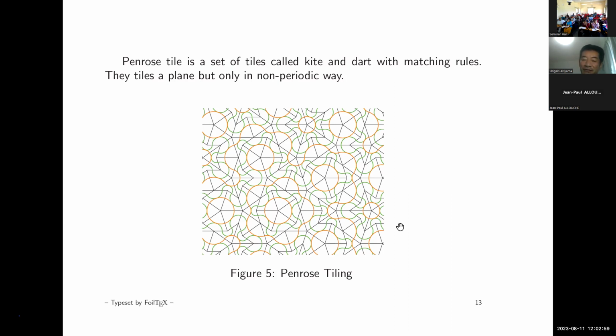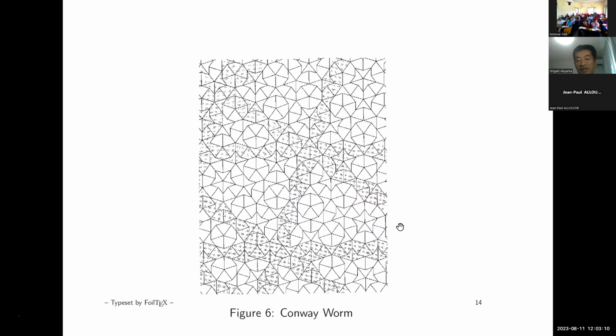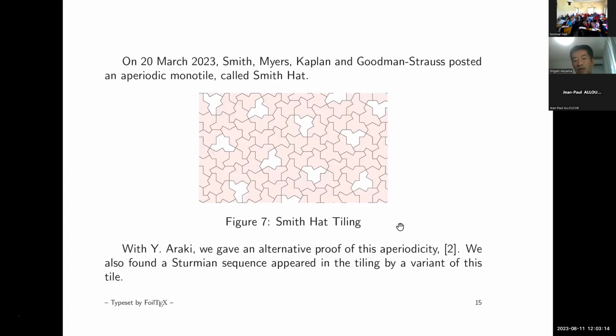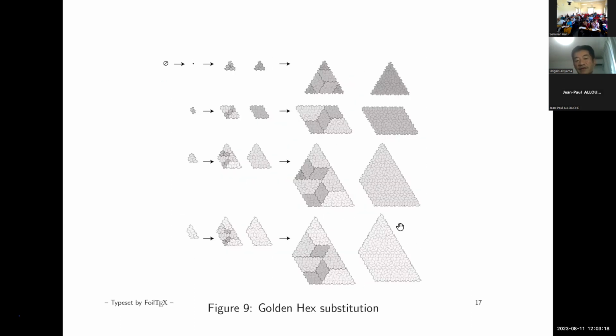Penrose tiling may not fall into number theory, but we find it very interesting, probably. And what you find is a surprising occurrence of the Sturmian sequence. I think the Conway worm is already surprising, but now the Smith hat is really a different tiling, but we find the Sturmian sequence again.